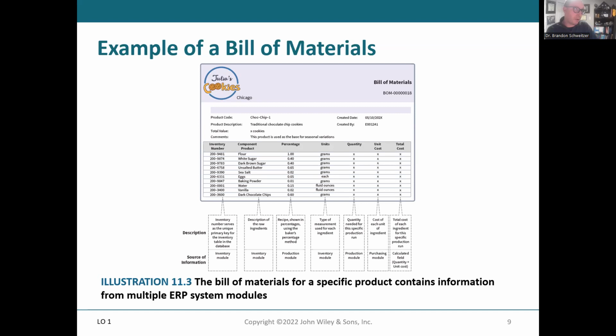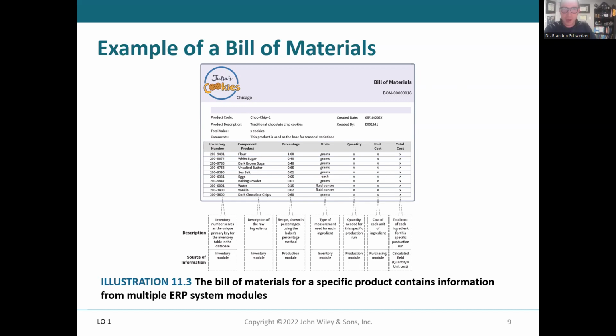So this is an example of a bill of materials. As you can see, we have the inventory control numbers on the far left. As I mentioned in the last chapter, you want to make sure that those inventory numbers match the inventory numbers from your distributors or suppliers, because if you're thinking about automating, you want to make sure that those numbers match up so the system can automatically identify and contribute from the purchase into the respective inventories.